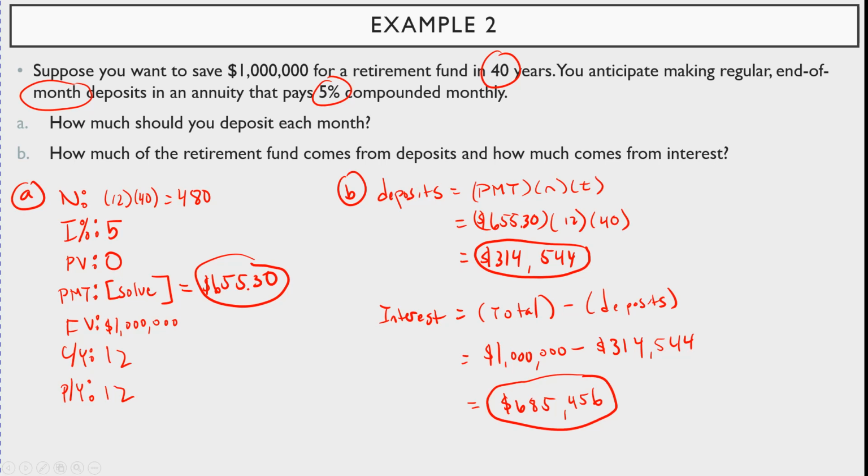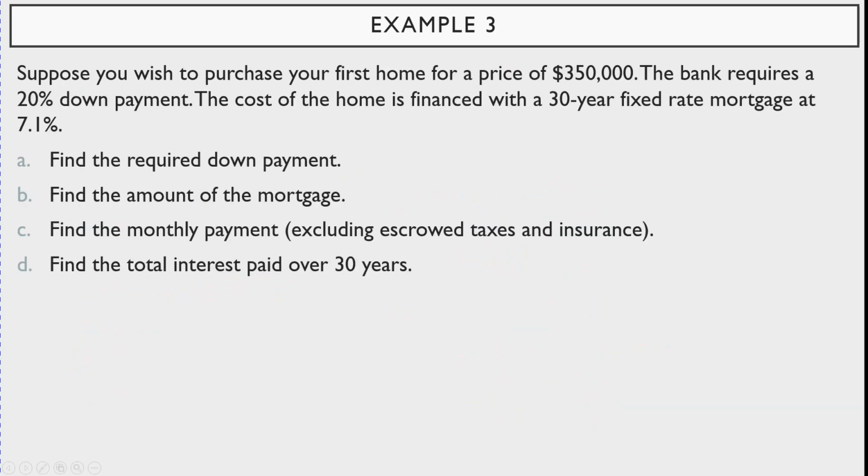Okay, let's try another one. All right. Suppose you wish to purchase your first home for a price of $350,000. The bank requires a 20% down payment. The cost of the home is financed for a 30-year fixed rate mortgage at 7.1%. Okay.